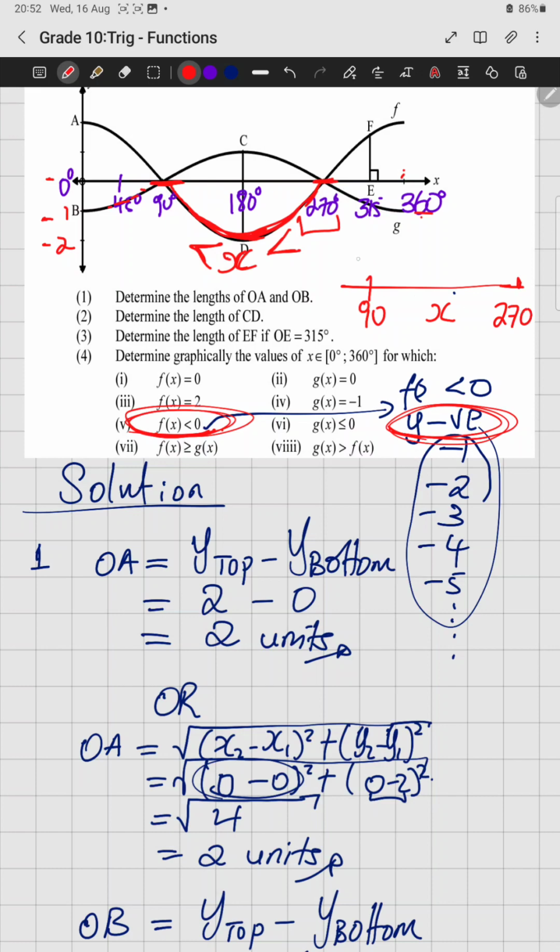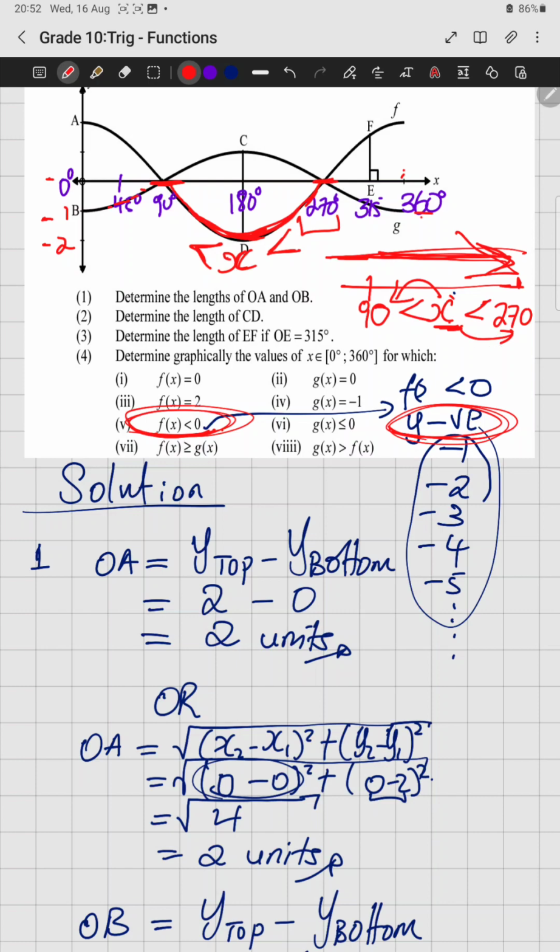From 90 going that side, we are increasing. So x is beyond 90. If we are increasing from this portion to that side, x must be greater than 90, but x is less than 270, because x is before 270 if you are increasing going to the right.